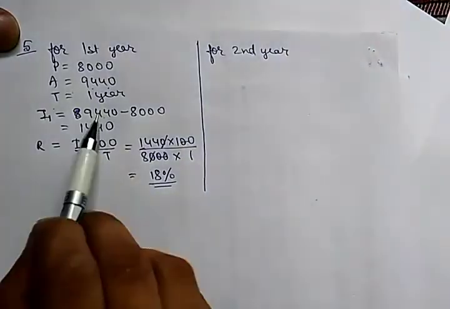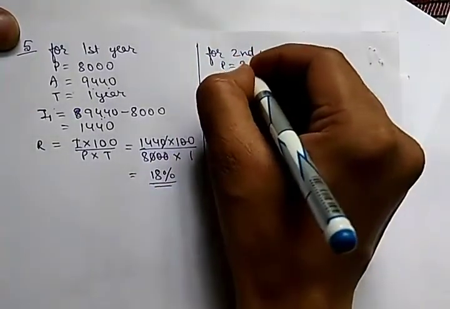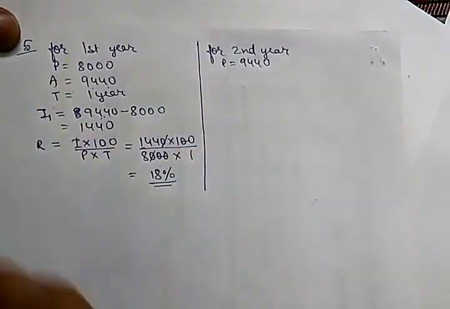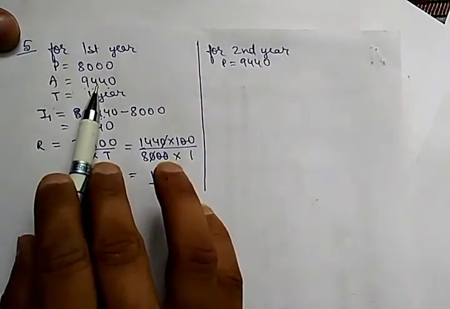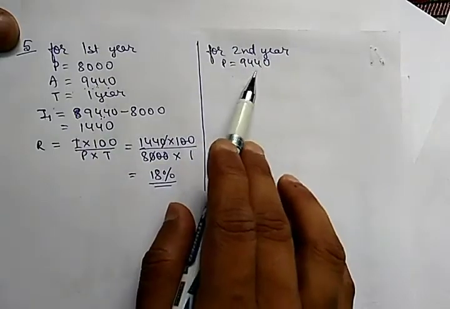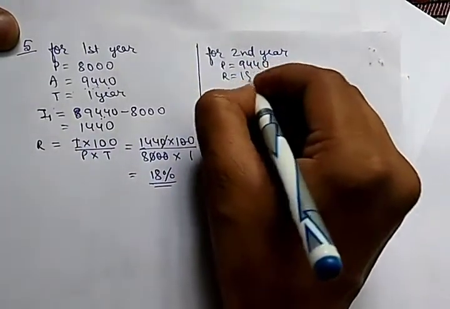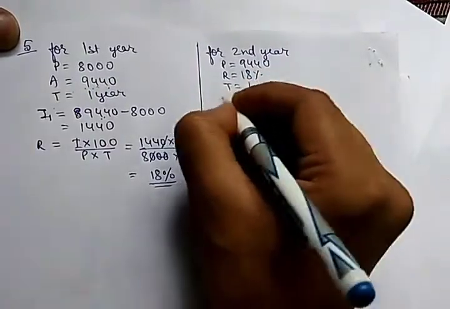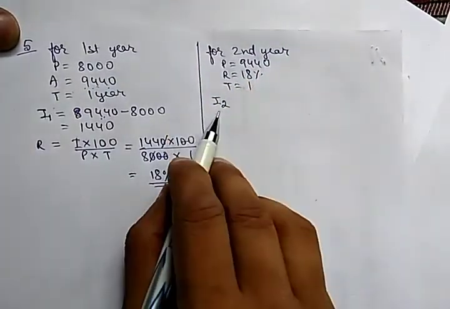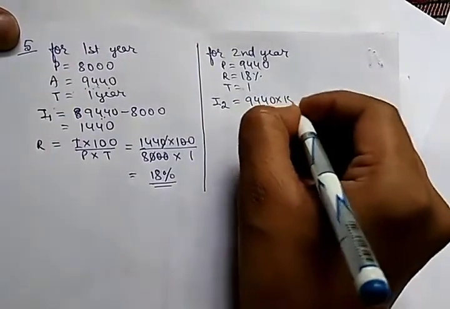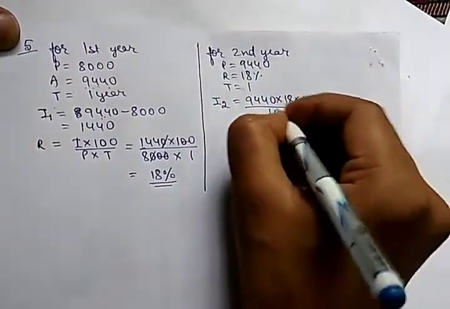see, this will be the principal. P will be 9440 because the principal for the next year is the amount of the previous year. So the amount of the previous year is 9440, so it will become the principal in this year. So 9440 is the principal, rate of interest is 18 and time is 1. So we can find the interest of the second year, that is equal to 9440 into 18 into 1 by 100.